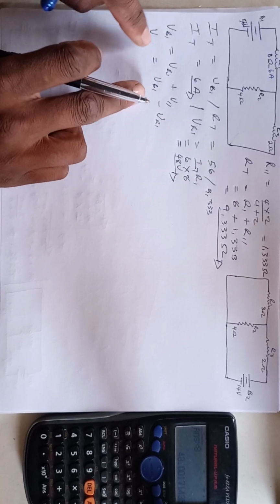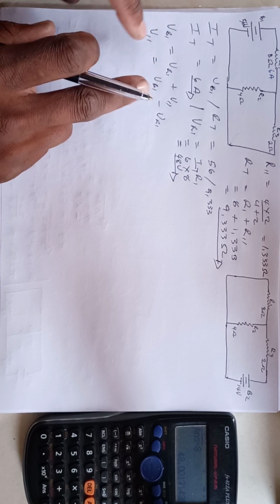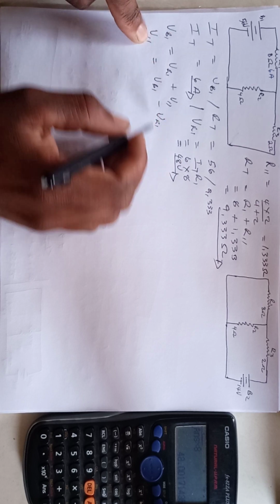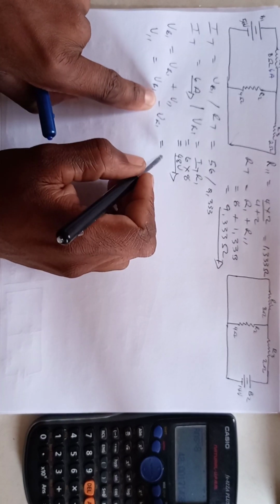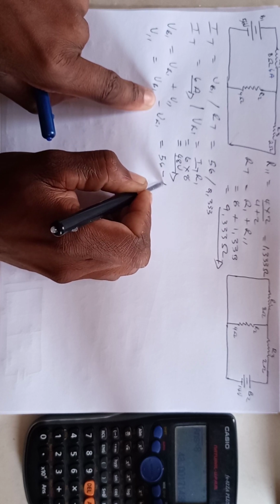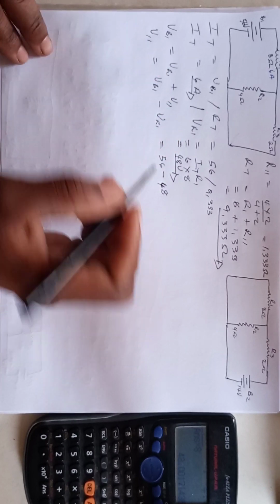I hope you understand where this is coming from. We just flip these things around, then we transpose VR1 to this side and VR1 becomes negative. VB1 is 56 and VR1 we got here, it's 48.